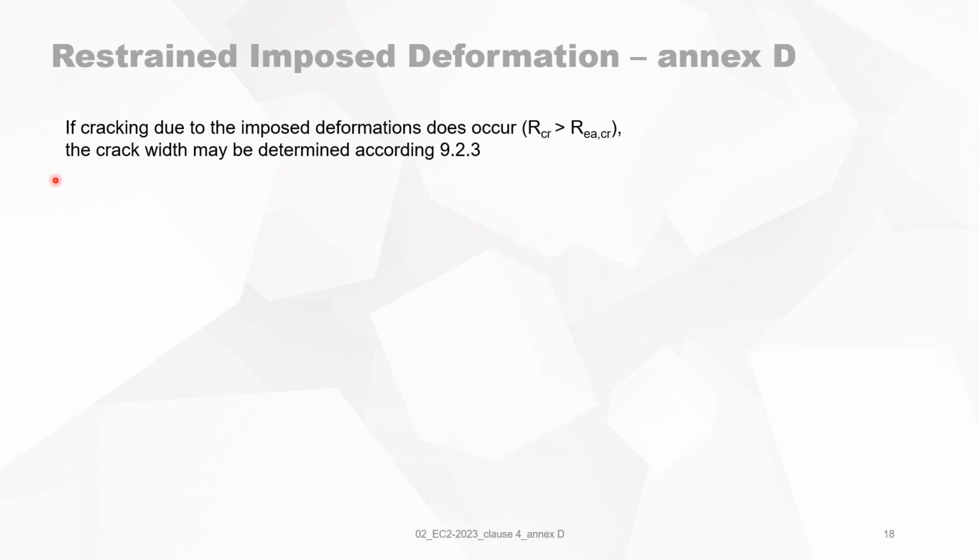And then a last point: if the cracking risk due to imposed deformation does occur, when the cracking risk is bigger than 1, then you must limit the crack width to the value that is imposed by the environment. And the crack width may then be calculated according to clause 9.2.3.